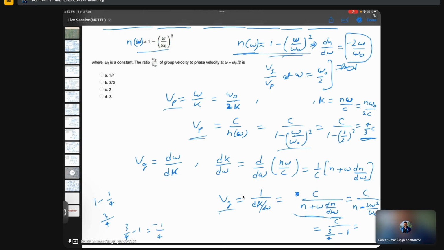Yeah, so this will be 3 by 4 minus 1 by 4, correct? Yeah, so it will be c by 2, right? No, 4c by 2, so it will be 2c.